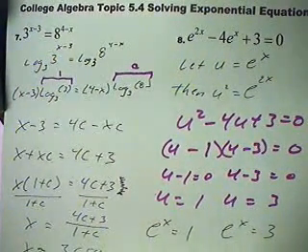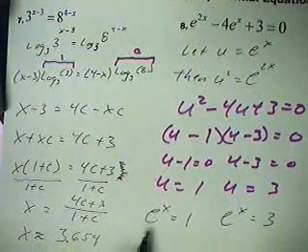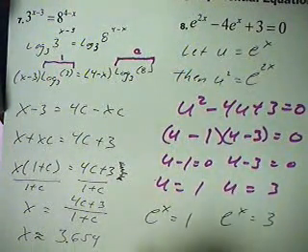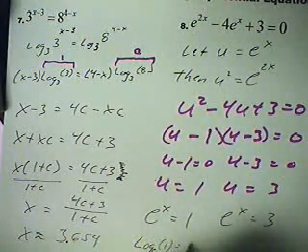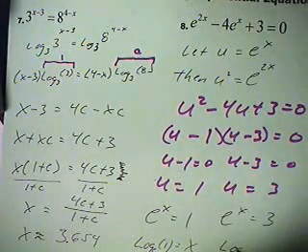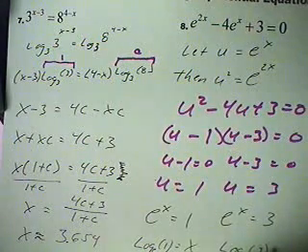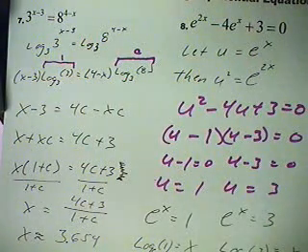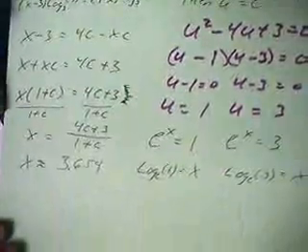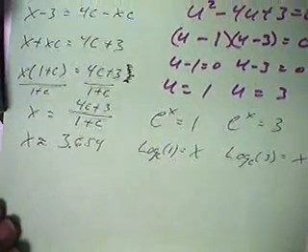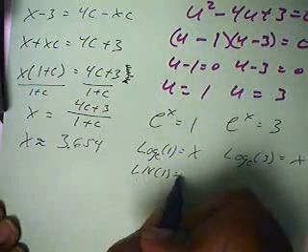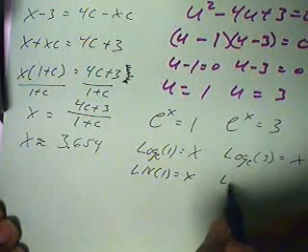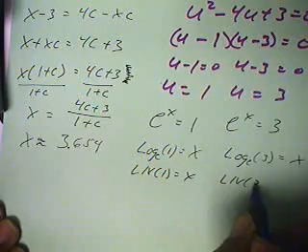I'm going to convert both these exponentials into logarithms. So this will be log base e of 1 equals x, whereas this will be log base e of 3 equals x. Let's pull that up a little more. Now, log base e is actually natural log, so natural log of 1 and natural log of 3.